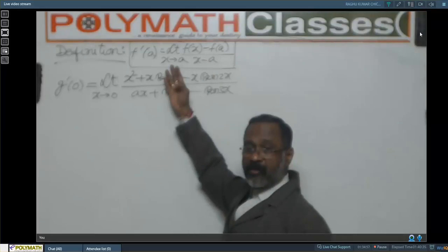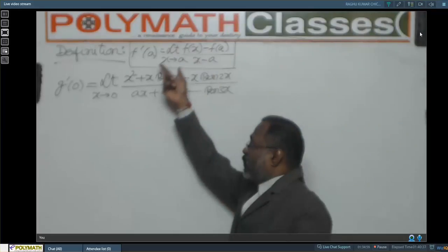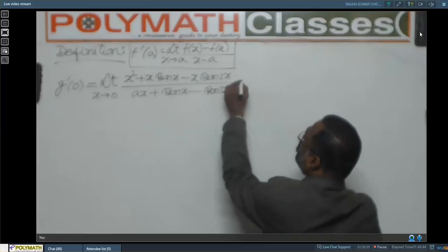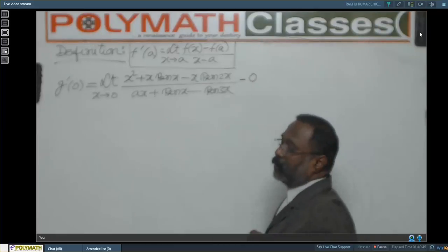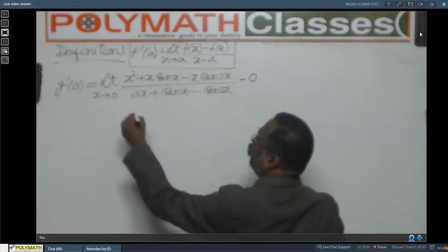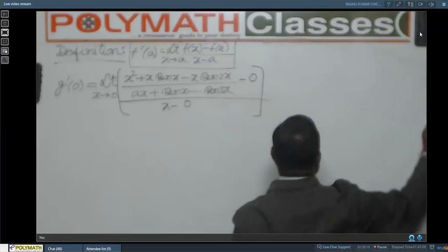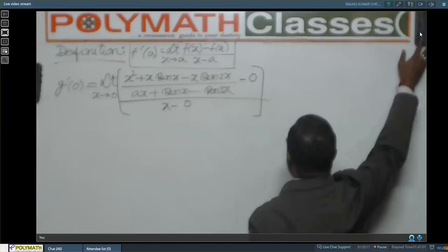In place of f of x, I substituted the given function here, and g of 0 is already defined to be 0, so minus 0 whole divided by x minus 0 as x tends to 0.